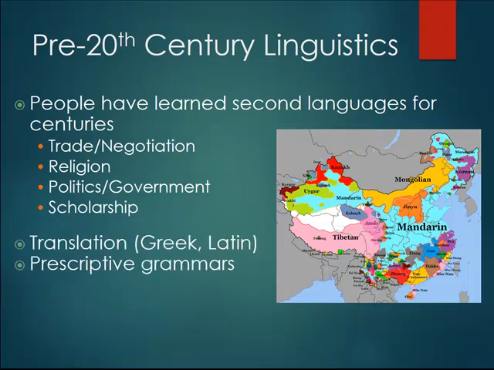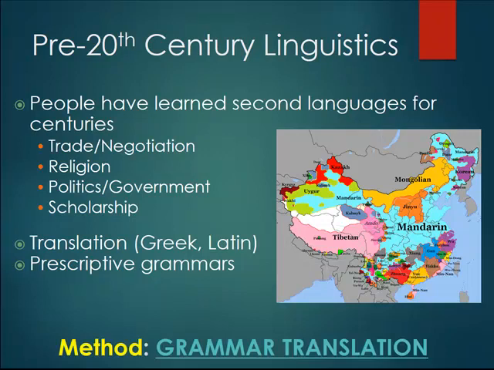So when people started to look at how to study a language, rather than the ad hoc languages that spring up when two different language groups come into contact, the approach taken was straightforward translation. We try to find what a word or a phrase means in one language and write that down somewhere so that we can make dictionaries and prescriptive grammars that can aid others in doing the same thing.